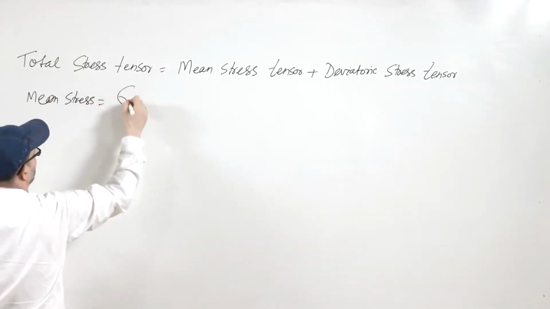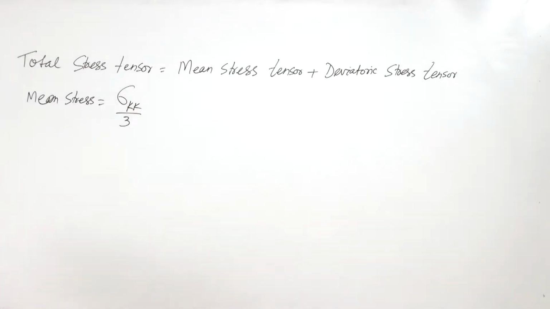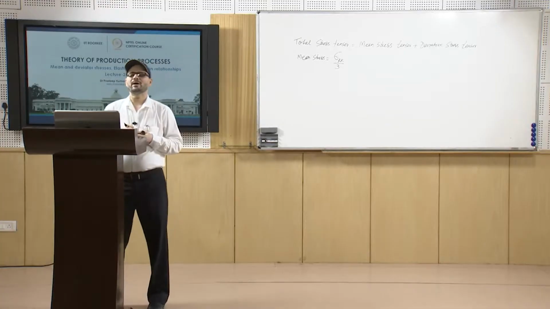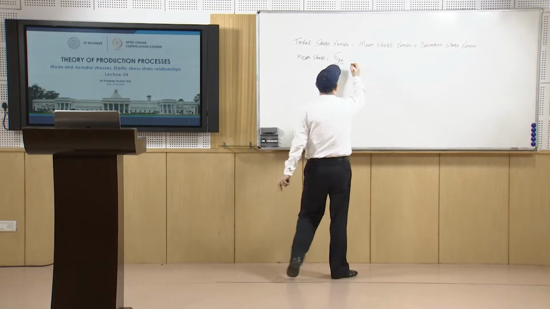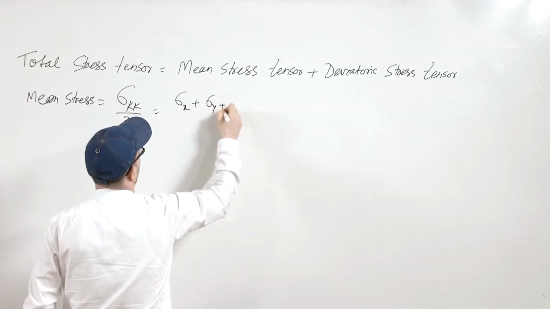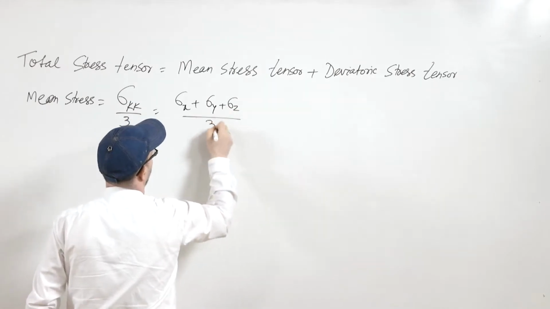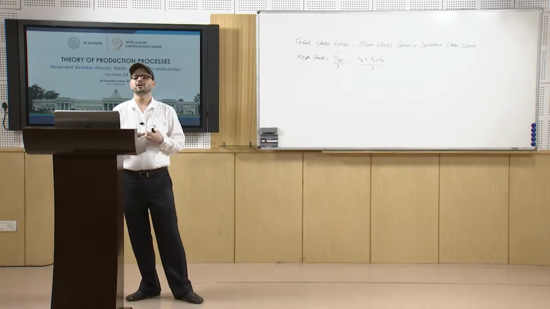Okay, so the mean stress part is defined as sigma kk by 3. It will be sigma x plus sigma y plus sigma z by 3, or sigma 1 plus sigma 2 plus sigma 3 by 3, where these are the normal stress components.